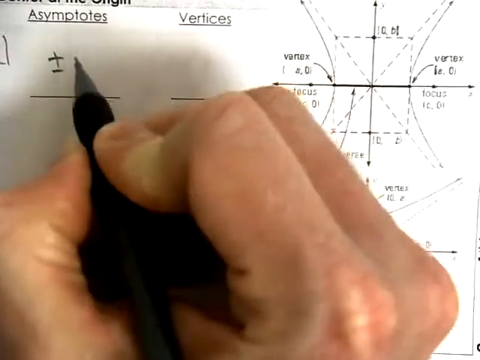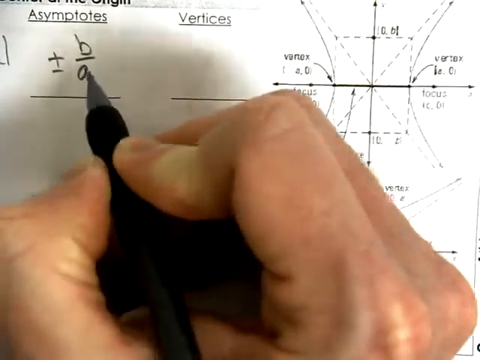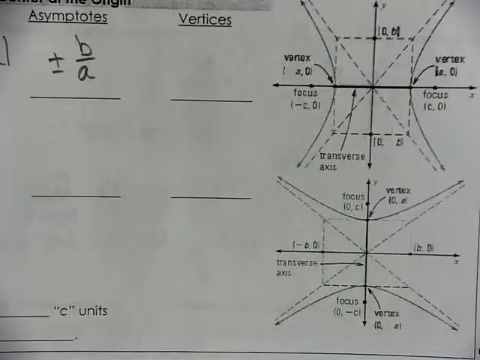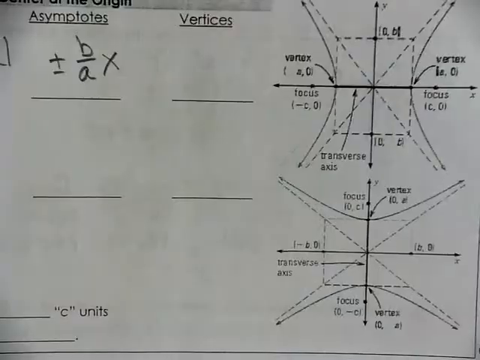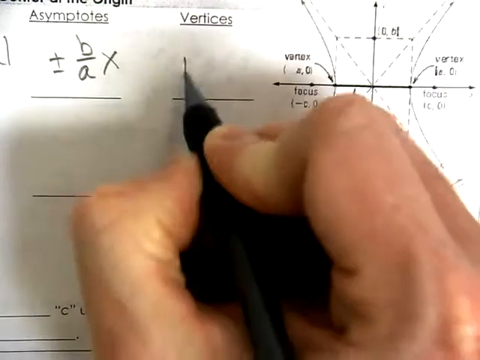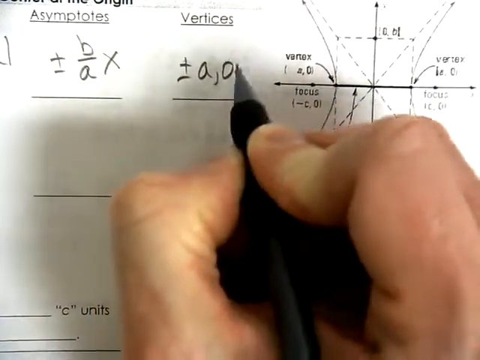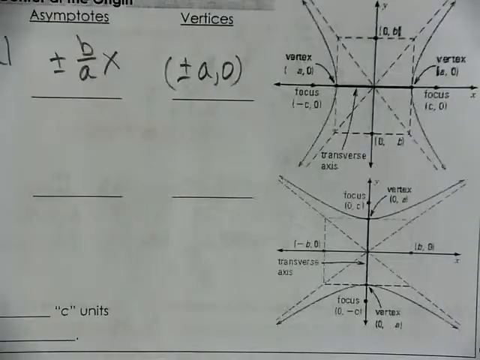So it's plus or minus b over a, and in terms of an asymptote, that has to have an x value with it. The vertices are a distance of a away. And if it's horizontal, then of course the a would be on the x.